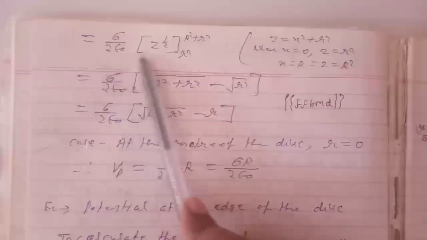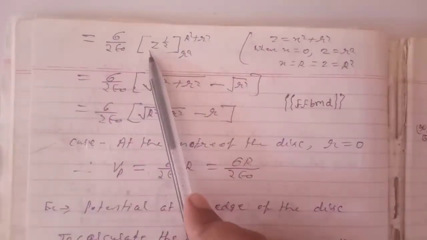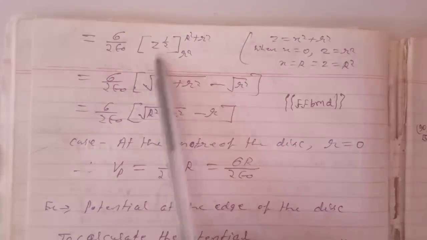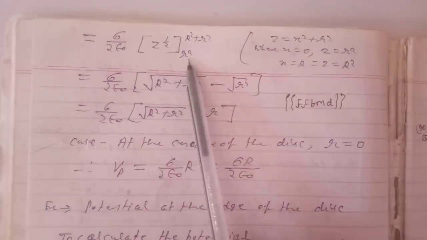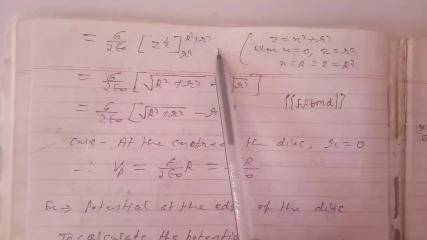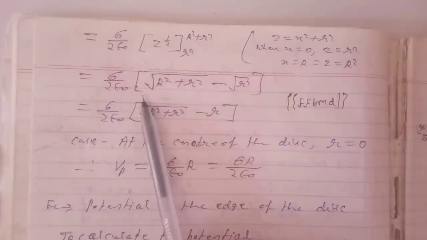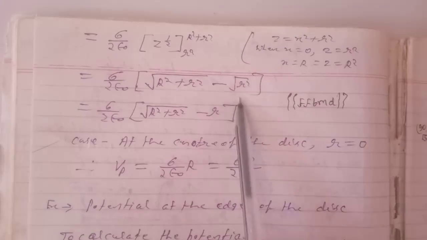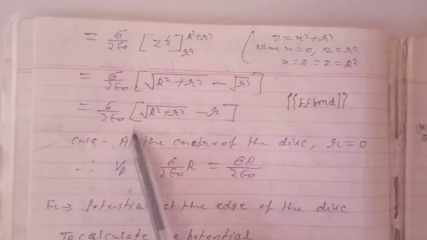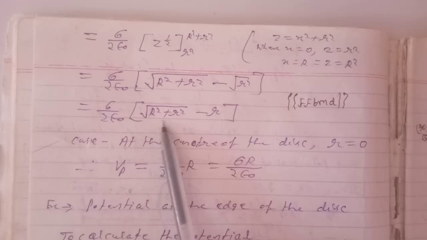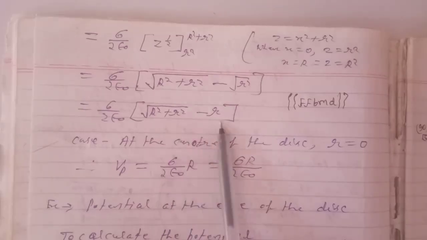Now sigma by 2 epsilon naught, integration of that will be z to the power 1 by 2, and the limit will be r square to r square plus r square. So we have sigma by 2 epsilon naught under root r square plus r square minus under root r square, or sigma by 2 epsilon naught under root r square plus r square minus r.